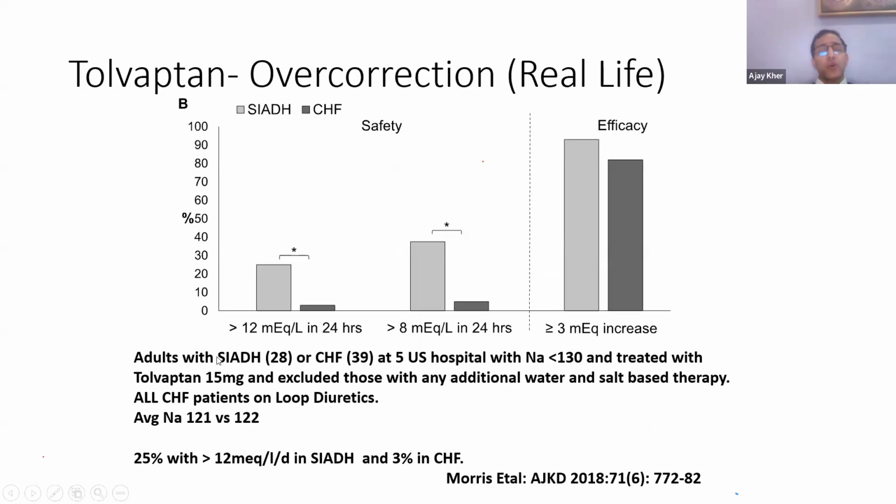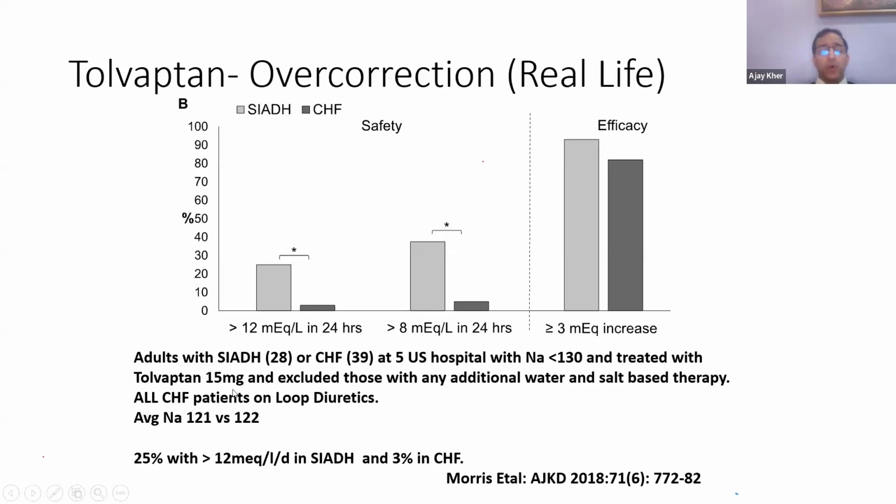This is a study which looked at data from 5 US hospitals in which there were 28 SIADH patients and 39 heart failure patients who received tolvaptan in the setting of a sodium of less than 130. Anyone who had other treatment that was going on, whether it was water restriction or salt therapy, was removed from the study.